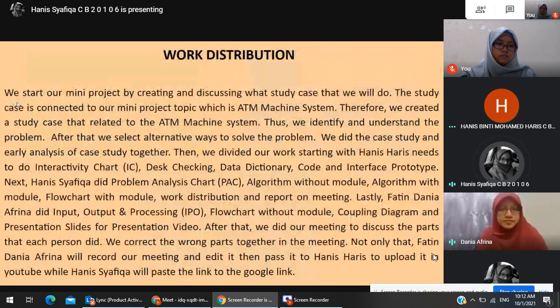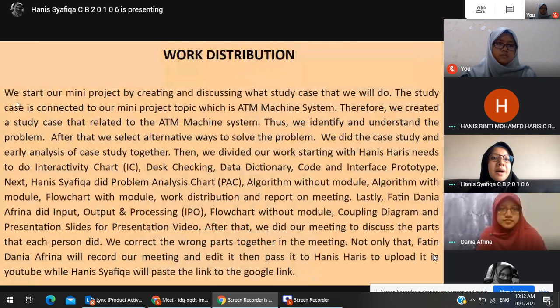So the work distribution, we divided equally. For example, Hanis and Haris will do IC checking, data dictionary, algorithm without module, algorithm with module, flowchart with module, and work distribution and report on meeting.